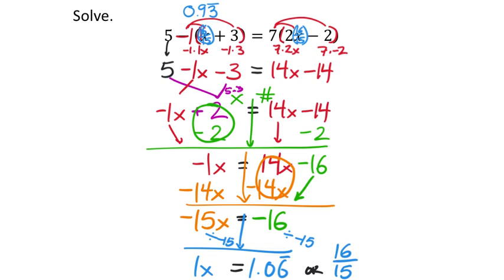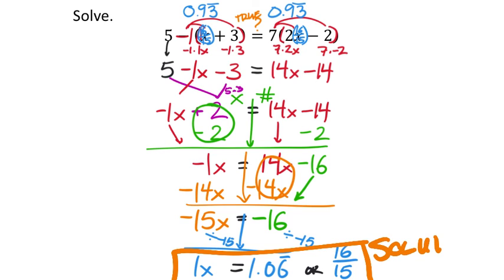Let's see what we get on the right side. 7 parentheses, 2 parentheses, 16/15, close parentheses, minus 2, close parentheses, enter. Yep, I got the same thing on the right side, 0.93 repeating, which is a true statement, right? So that ended up being true. And now I know that I have actually found the solution. Either one of these would work, but I like the fraction better.